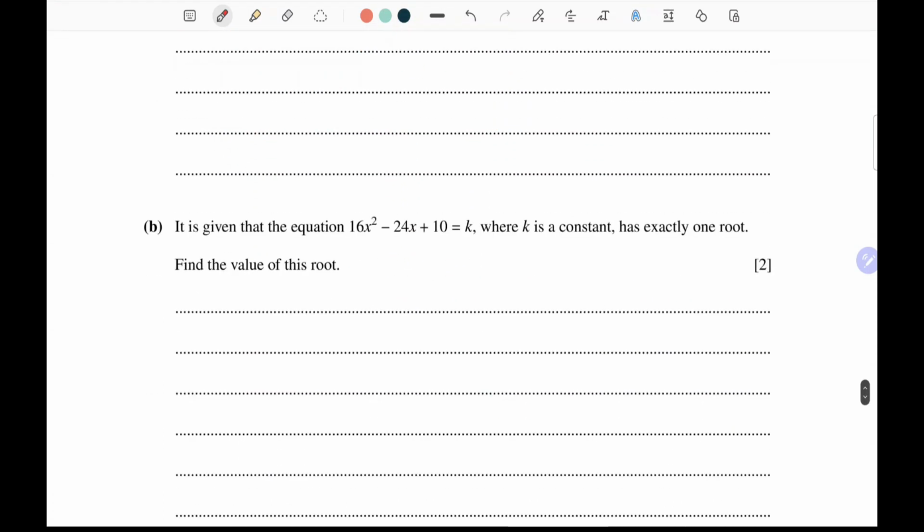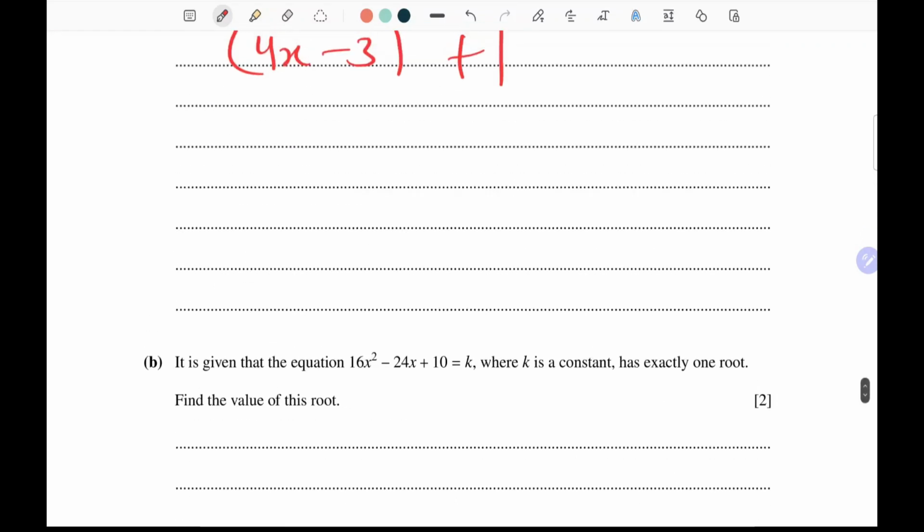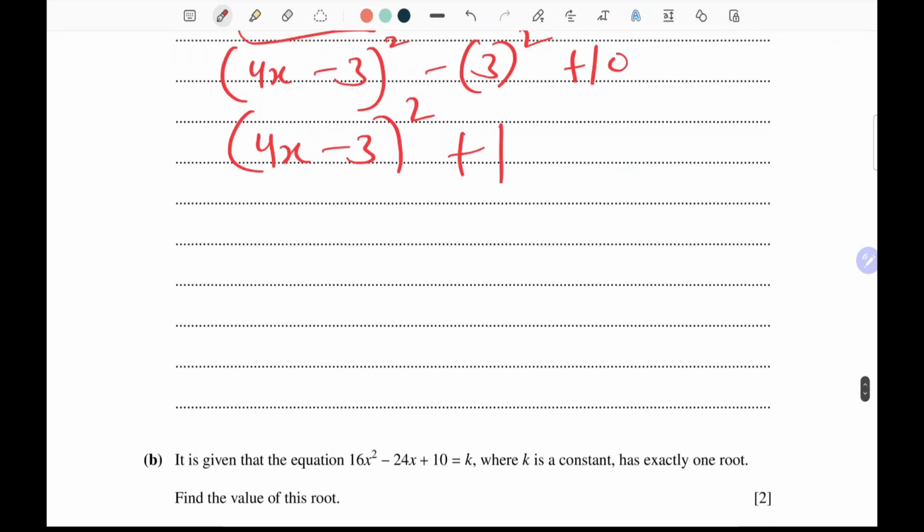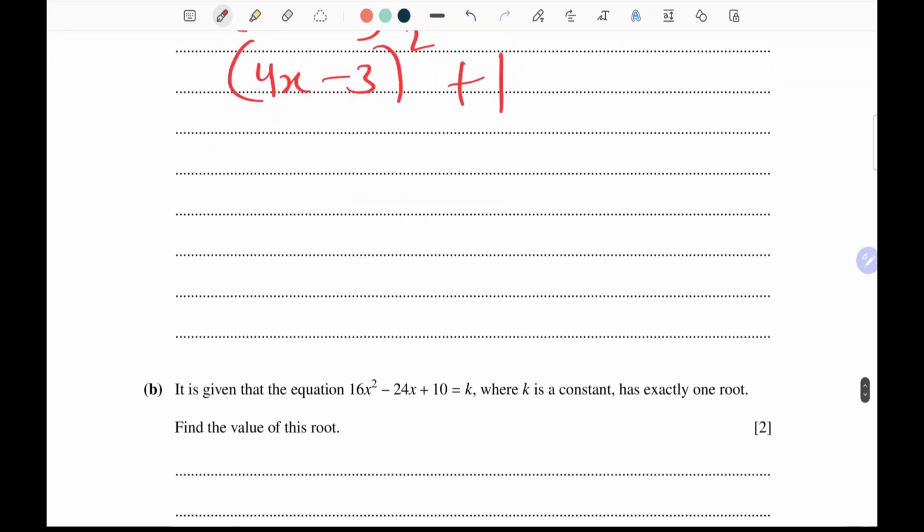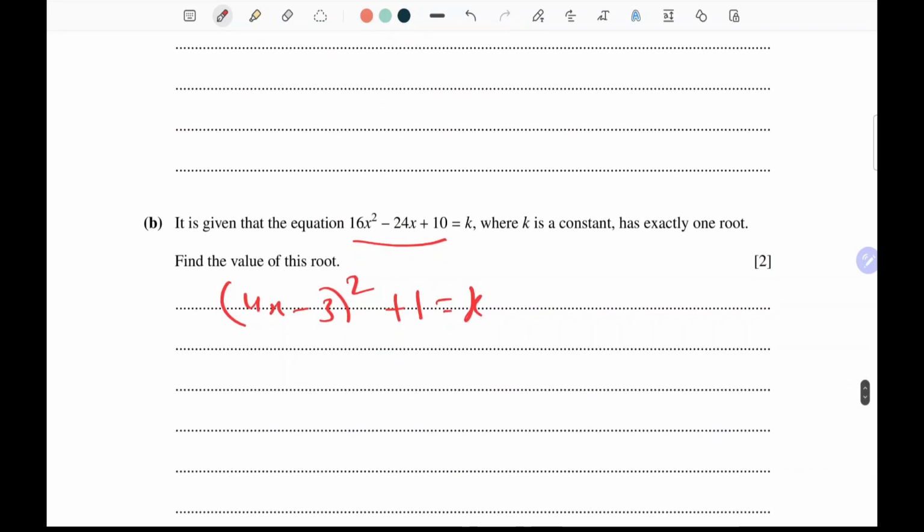Now it is given that this equation has exactly one root. So 16x square minus 24x plus 10 equals k, which is (4x minus 3) whole square plus 1 equals k, because I replaced this by this. Now (4x minus 3) whole square equals k minus 1. Great.